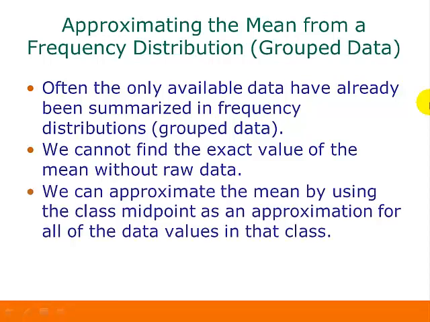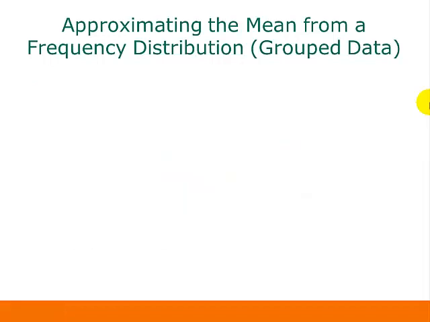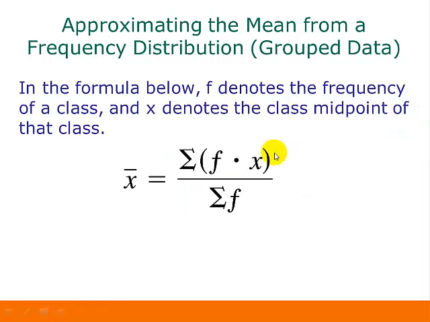But if we have the frequency distribution, we can approximate the mean by using the class midpoint as an approximation for all of the data values in that class. The formula for finding the mean from a frequency distribution looks like this.